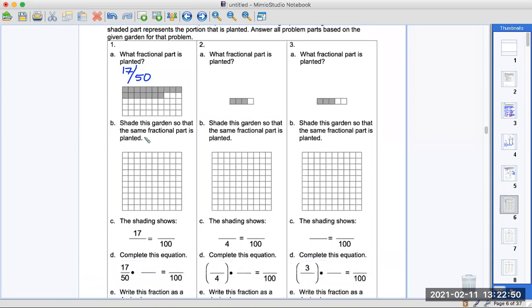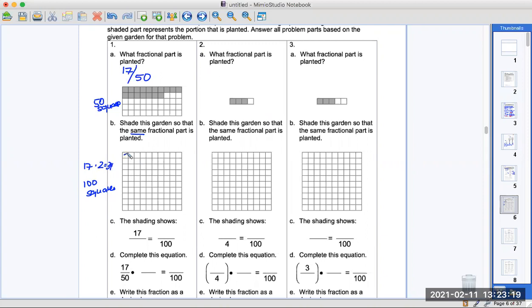Shade this garden so that the same fractional part is planted. So I have to think, this had 50 squares, this has 100 squares. Because it's a 10 by 10. So if the squares doubled, my shaded part has to double. So I'm going to say 17 times 2 is 34.